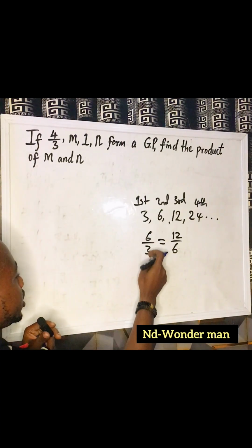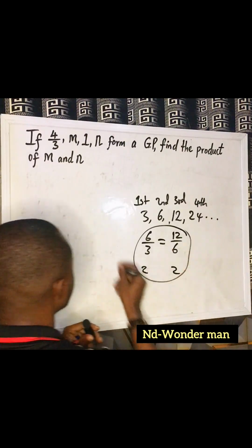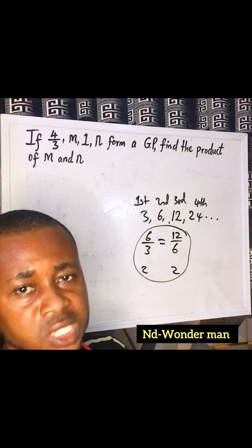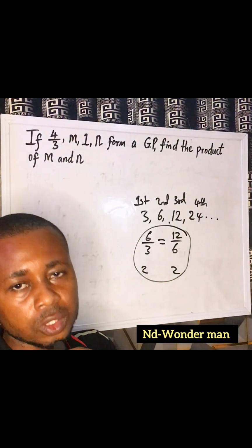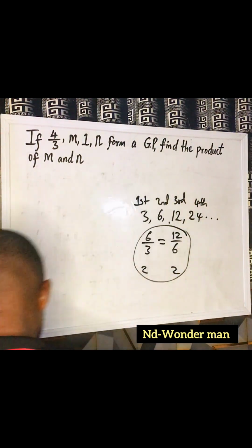Of course, 6 divided by 3 is 2, and 12 divided by 6 is 2. So the same approach, we will need it here in order to get this solution. Mathematics is all about from known to unknown. Now let us get the solution.